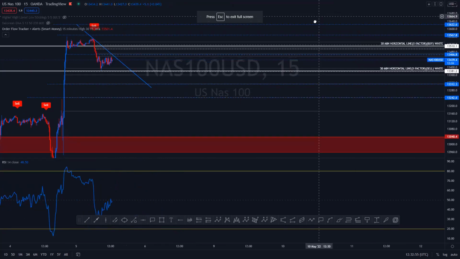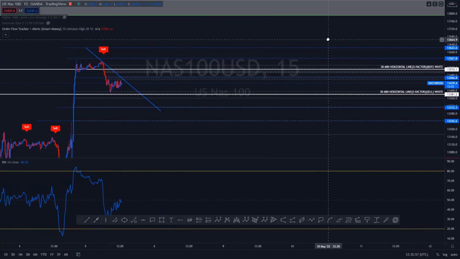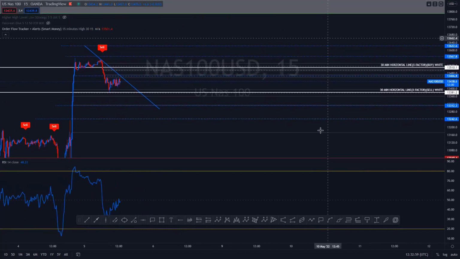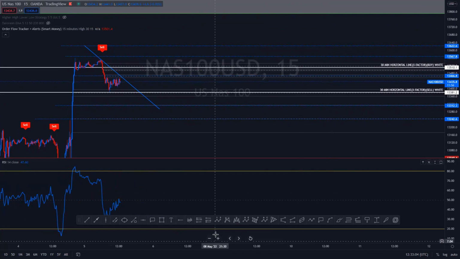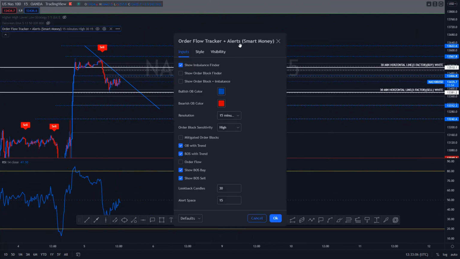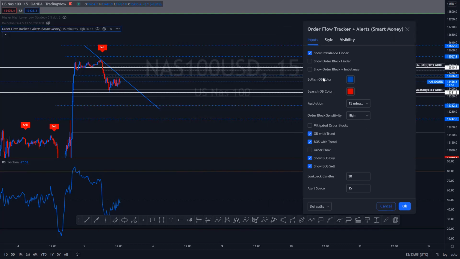So now, since I'm looking for price to do all of that, I like to go to my order flow indicator here, and I want to look for some order blocks as well. And see, there's an order block here.